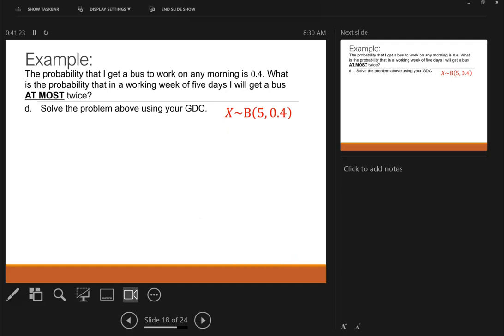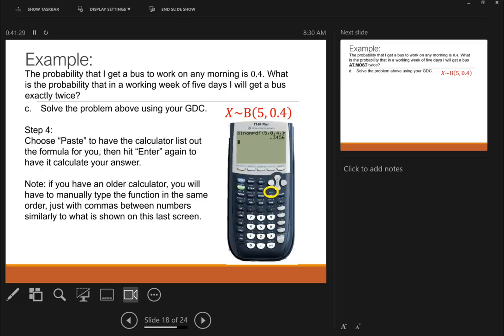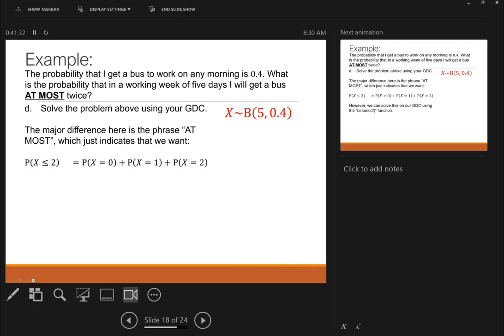Anyway, let's do this new problem on our calculator. So it says, I will get a bus at most twice. So at most means less than or equal to.